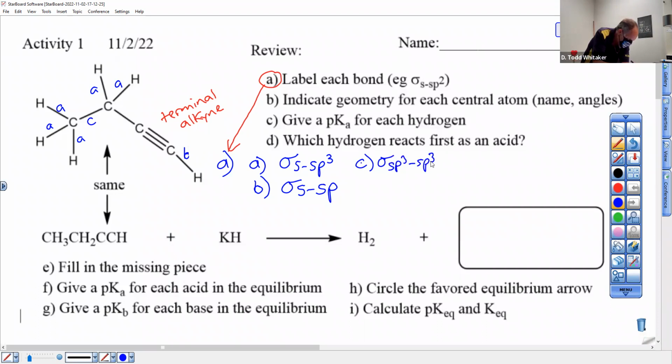And D is different, right? Sigma sp3 on the top carbon, sp on the bottom carbon, and then E is the last sigma bond. It's a sigma between 2 sps. That's the strongest sigma bond there, isn't it? On the whole page, E is the strongest sigma bond.